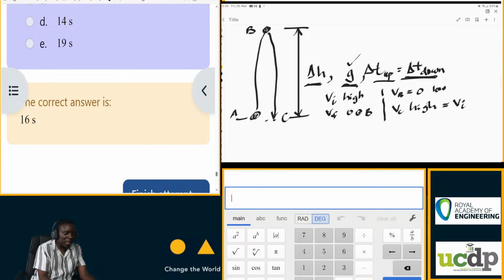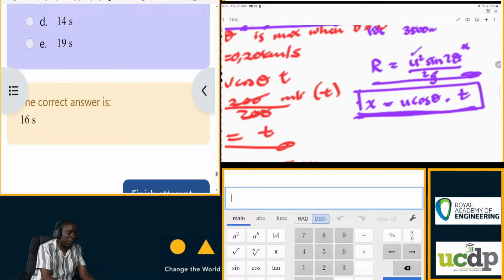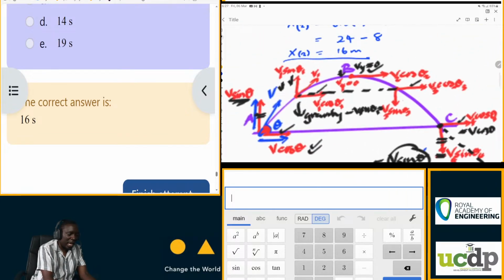The rate of change of velocity going up is basically a loss in velocity, a decrease until we get to 0. Because it will have the same rate at which it gains, it will gain the same velocity at the end over the same distance. And so it takes the same time. So now why am I saying this? It's because it doesn't go faster. It is just increasing when going down.